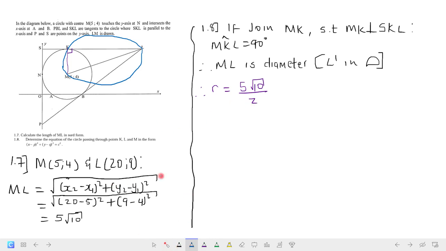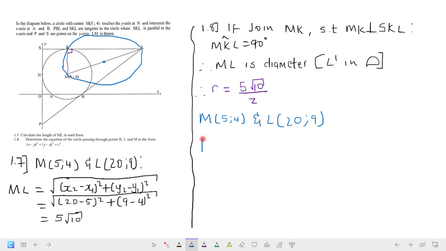Now what about the center of the circle? We have the point M, which is (5, 4), and the point L, which is (20, 9). To calculate the center of the circle, we're going to calculate the midpoint.